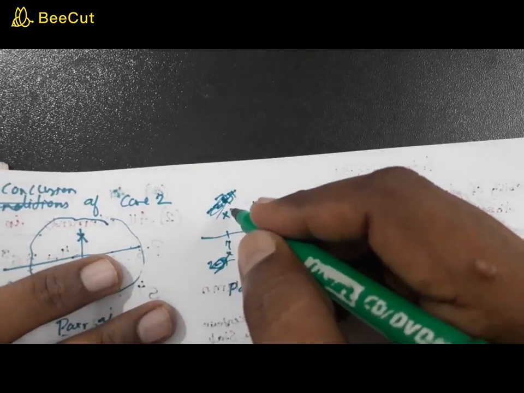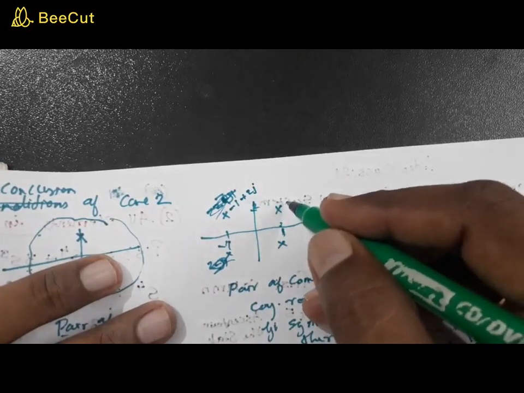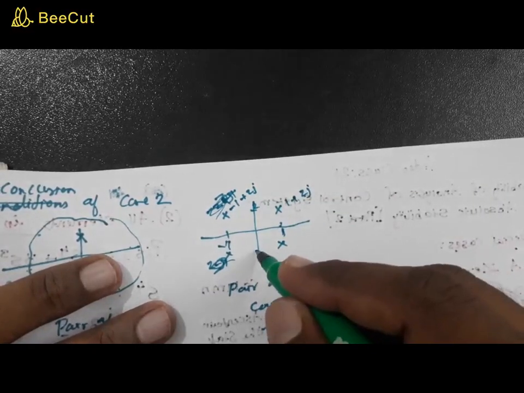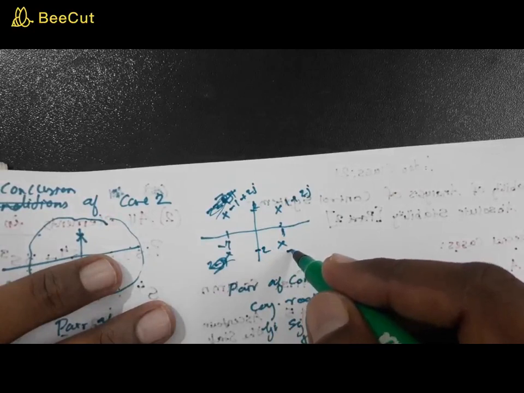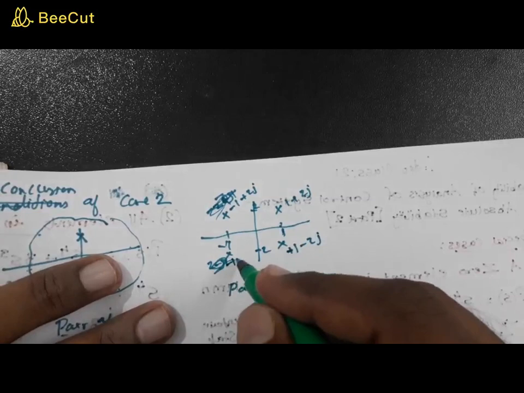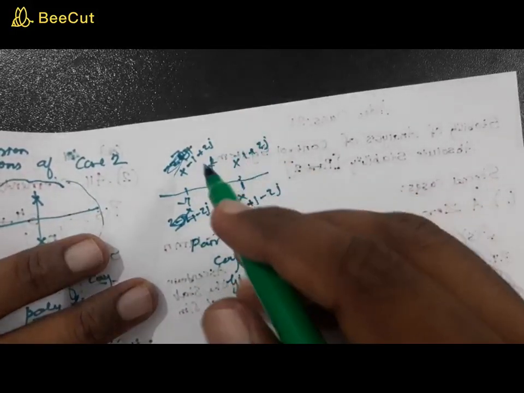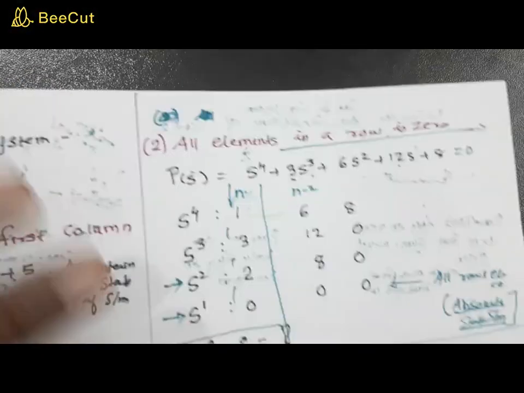The roots will be minus 1 plus 2j, plus 1 plus 2j, plus 1 minus 2j, and minus 1 minus 2j. Okay, so you can have such a scenario as well, and in such a scenario also you will arrive at this condition.